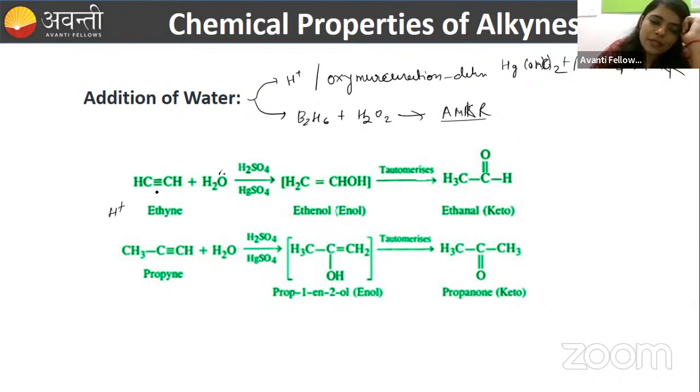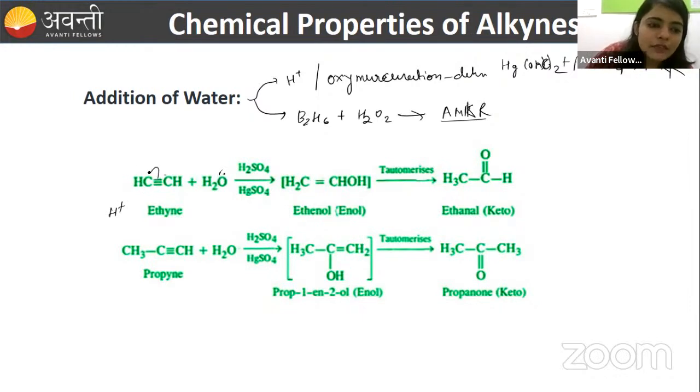In the presence of H plus, this electron density will shift toward one carbon. Here, if a symmetrical alkene is present, there is no need to worry about the shifting of electrons, because a carbocation may form on either carbon.